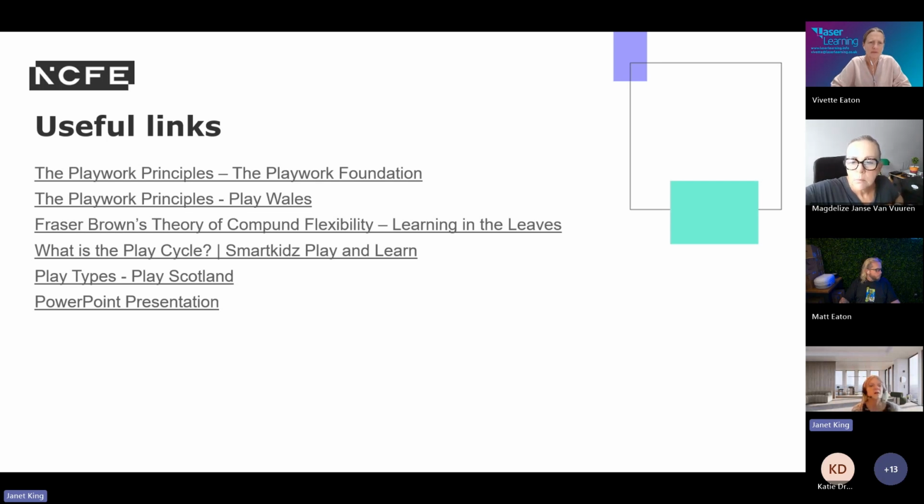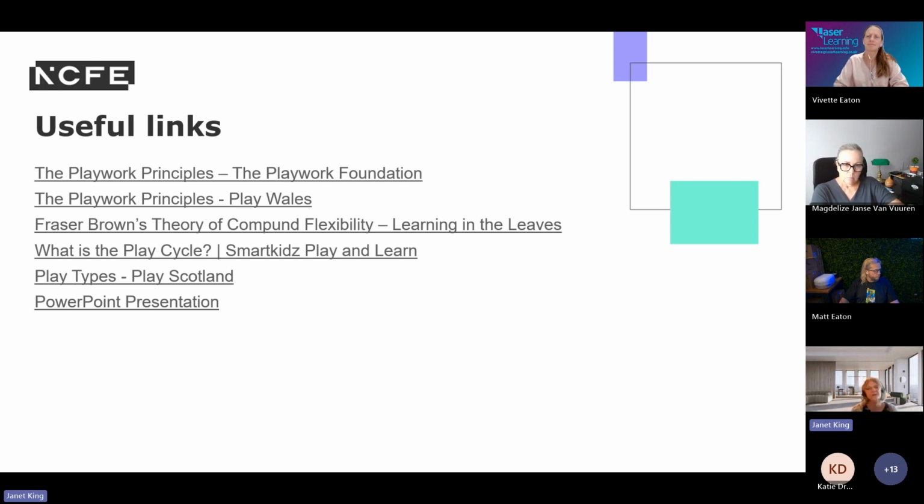So thinking about the playwork principles, and there's a couple of links to things there, and compound flexibility, and that's just one example, many more, but that's Fraser Brown's. I just wanted to give you the name. The play cycle is there, and the different approaches to the play cycle. Play types is there as well, and then there's a PowerPoint presentation. There's something there that looks at Tina Bruce as well.